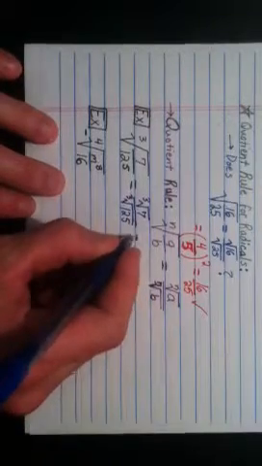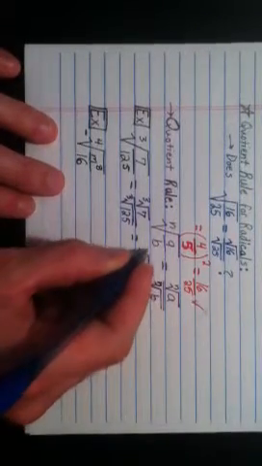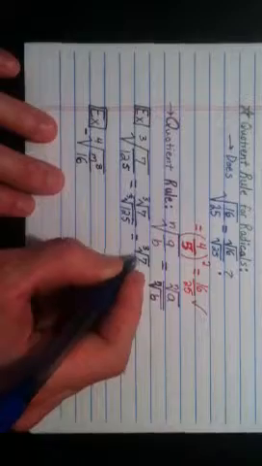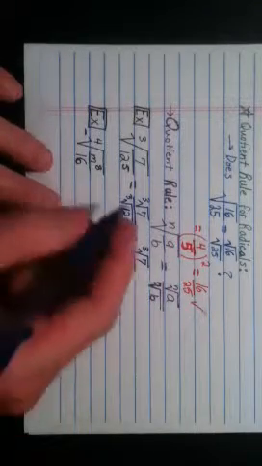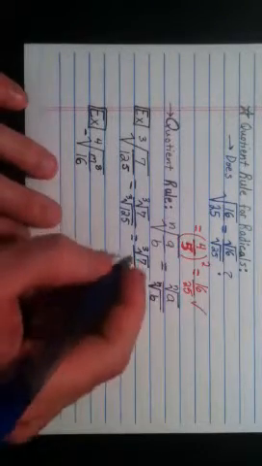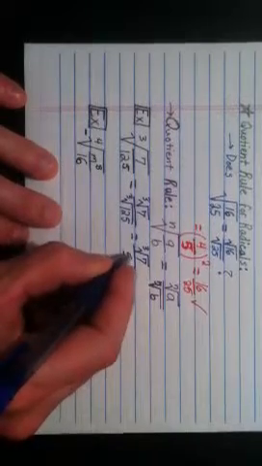We cannot take the cube root of 7, so that has to stay. But 125, we can take the cube root, because 5 cubed gives us 125. So the cube root of 125 is 5, since 5 times 5 times 5 gives us 125. That expression simplifies into the cube root of 7 over 5.